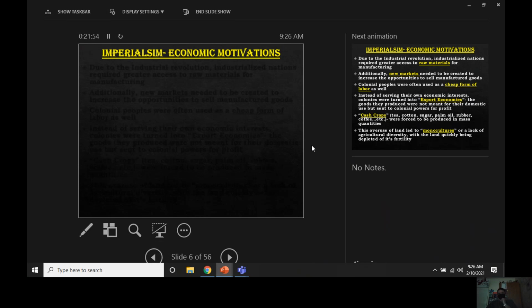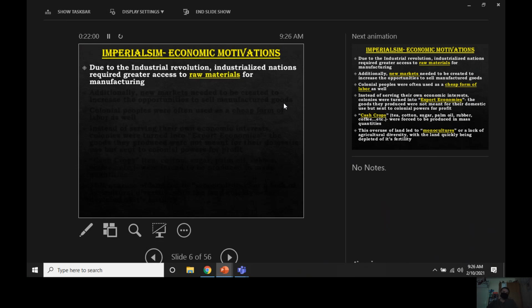All right, so first we're going to talk about economic motivations. What's in it for these countries from a financial perspective? Due to the Industrial Revolution, industrialized nations required greater access to raw materials for manufacturing. That just kind of makes sense, and that's what we brought up when we discussed things.